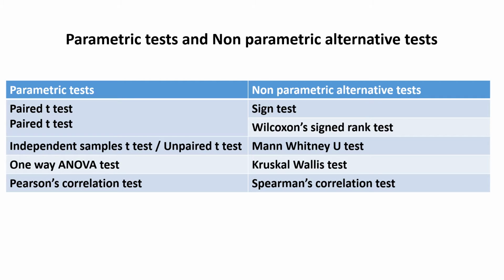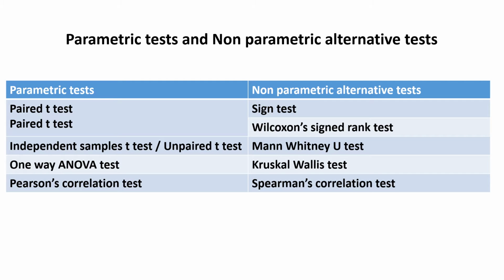Mann Whitney U test is the non-parametric alternative of the independent sample t-test. One-way ANOVA test can be applied when there are multiple groups and numerical data of the multiple groups are compared. When data is normally distributed, we can apply the one-way ANOVA test, right?